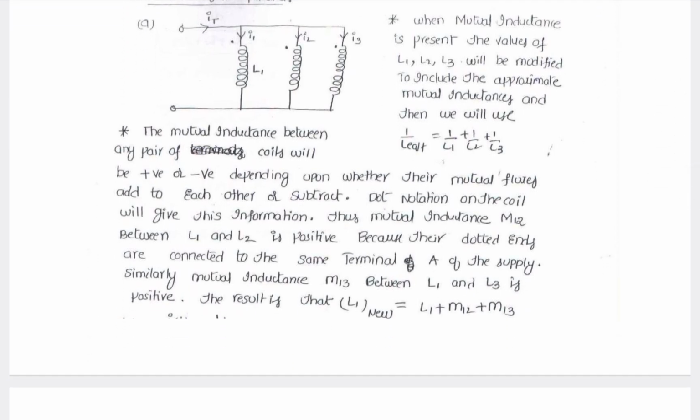See how we will calculate the equivalent inductance here. Say L1 without mutual inductance, L1 new with the mutual inductance. So L1 new is equal to self inductance L1 and M12. M12 is nothing but the mutual inductance between L1 and L2. In L1 current is entering into the dot, in L2 also current is entering into the dot.